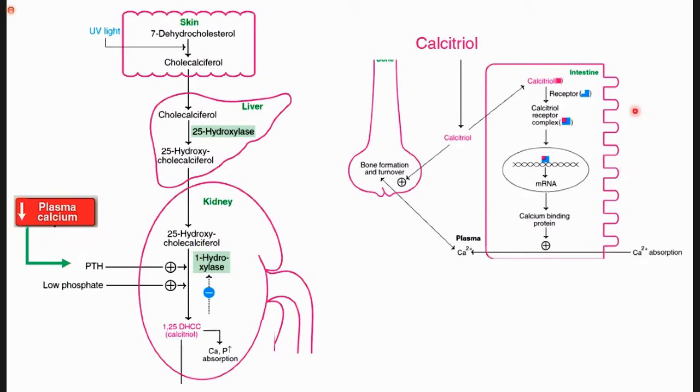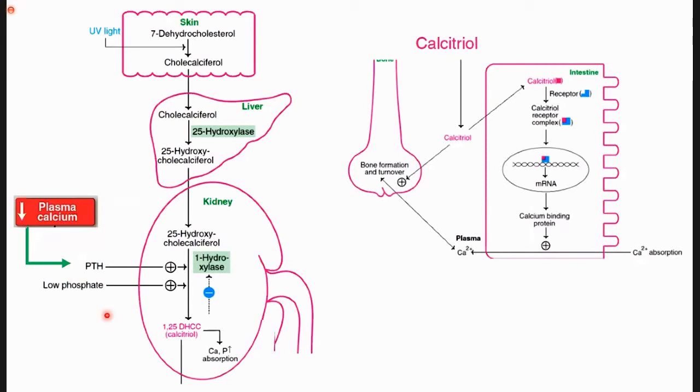In the diet, the calcium is being taken, and then more and more calcium binding protein is being formed so that more and more calcium is being absorbed, and then it goes into the bone for bone formation and turnover. So in this way, the activated vitamin D, that is calcitriol, is being regulated by plasma calcium concentration, by parathyroid hormone, and by phosphate level.